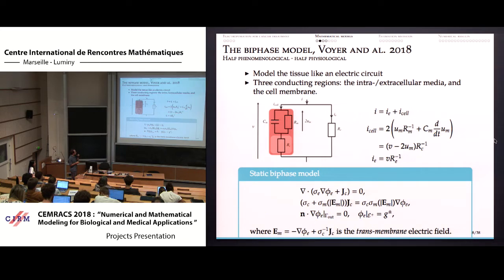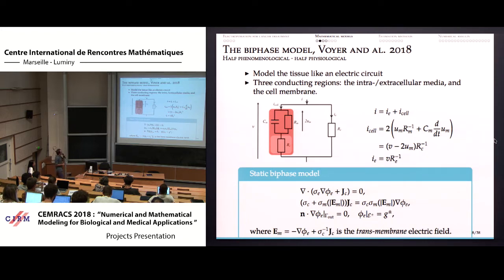Sigma_E is the outside, sigma_C is inside, and sigma_M is the conductivity of the membrane, and it will depend nonlinearly on the intensity of the electric field. The dependency will be very simple. It will be a base conductivity for low electric field, so without electroporation, and then when the electric field is high, this will increase to the electroporated conductivity. So basically we will take sigma_M as a sigmoid.